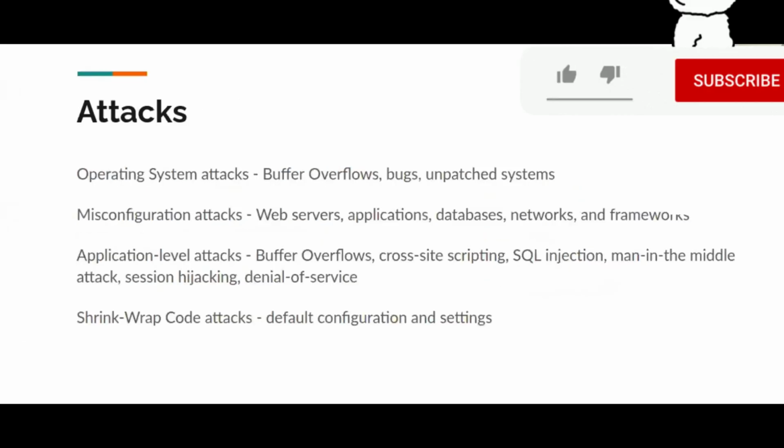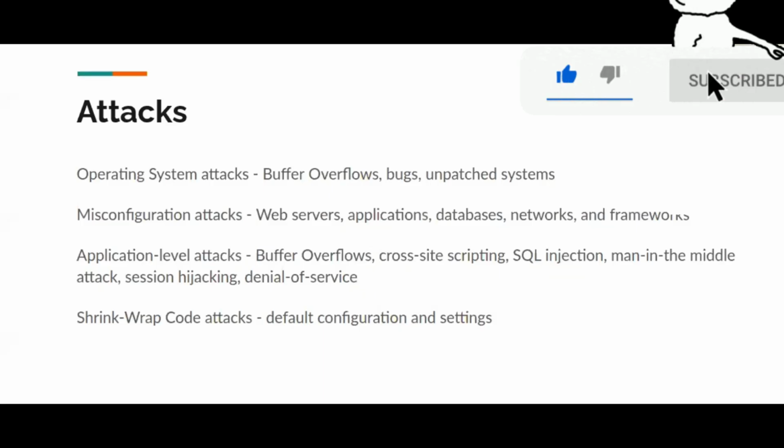If we talk about attacks, they are generally of these types. There are operating system attacks, then misconfiguration attacks, then application level attacks, and then shrink wrap code attacks.